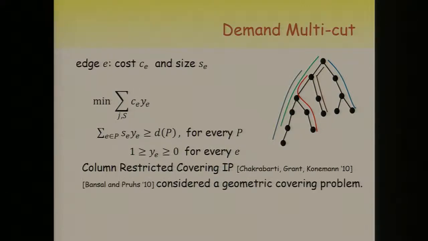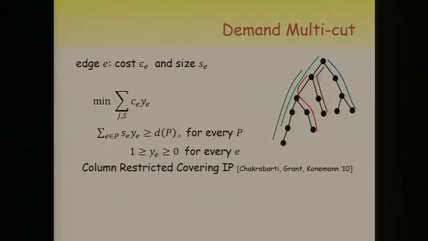Let me just tell you what is known about this problem. You can also write a linear program for this demand multi-cut problem, with a variable which says whether you are going to pick this vertex or edge or not. All I've done is rephrase my requirement: for every path P, look at all the edges that you have picked and look at their total size.